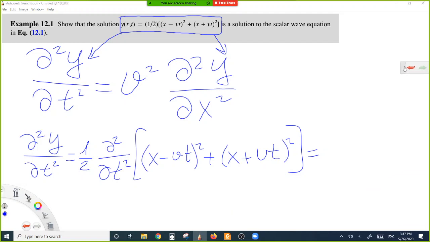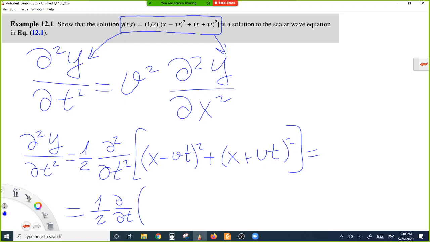So if we take the derivative with respect to time, what do we get? We get 1 over 2 d over dt.